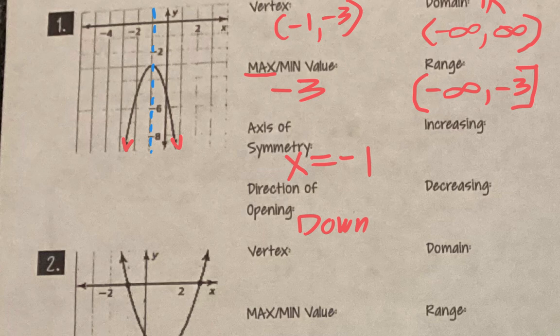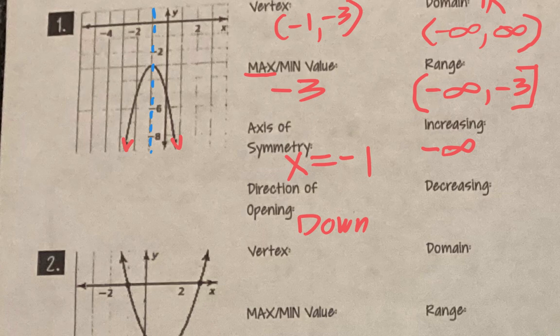Where's my graph increasing? Because my domain is all real numbers, going from negative infinity to positive infinity, when x gets larger, where is my y also getting larger? Excellent question. I'm going to start at negative infinity because I'm going from left to right.